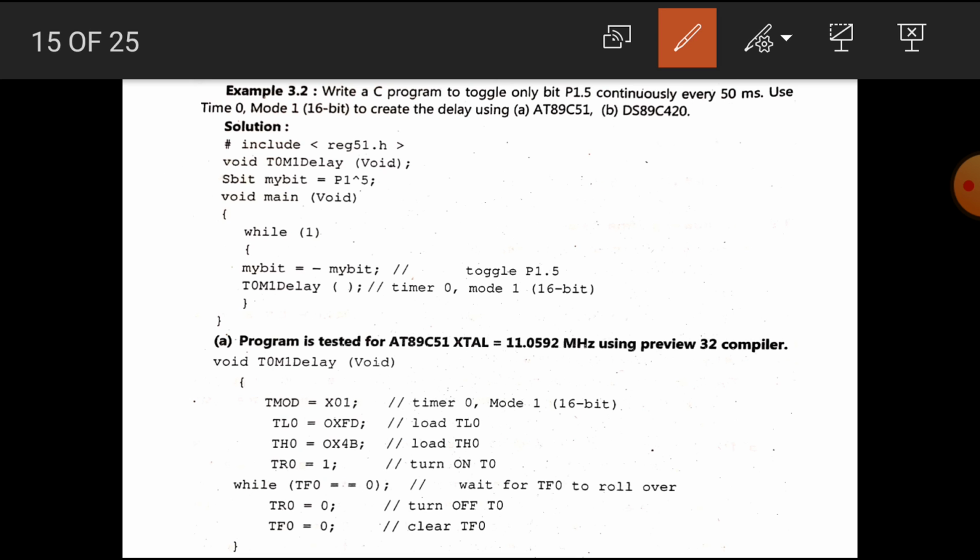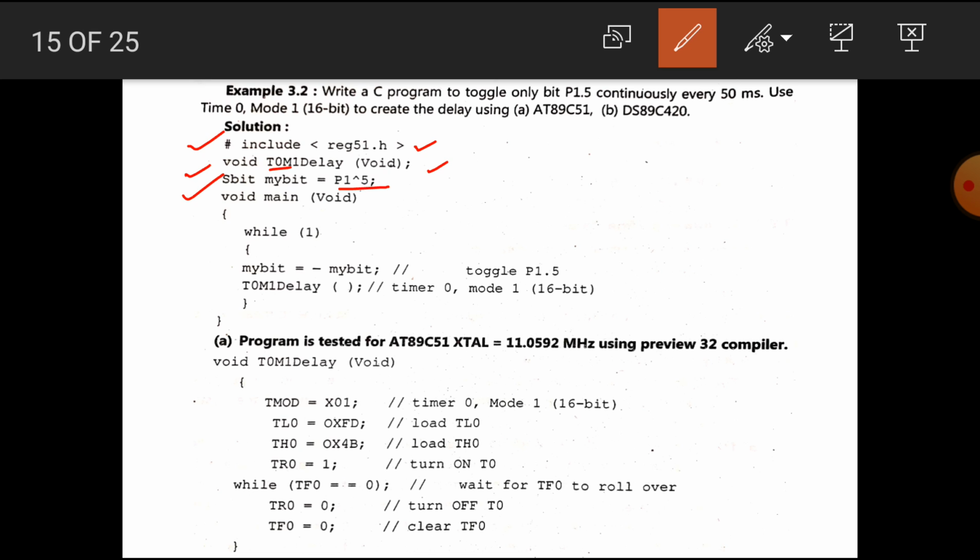Okay, let's start the program. First of all, write the header file #include reg51.h, void T0M1delay(void). This is the delay subroutine, that means timer 0 mode 1 delay. You can give any name for this. The next is sbit mybit equal to P1.5.